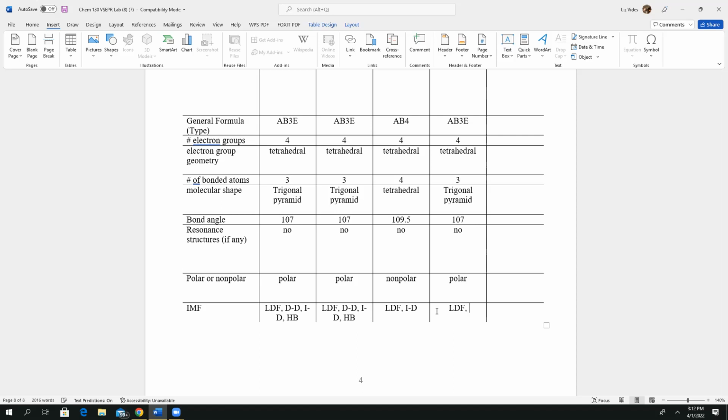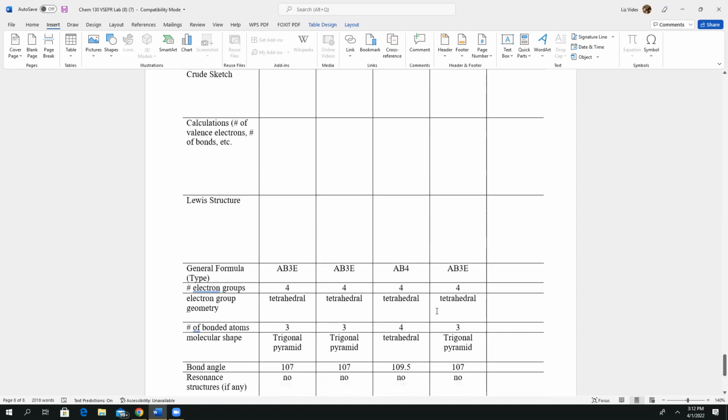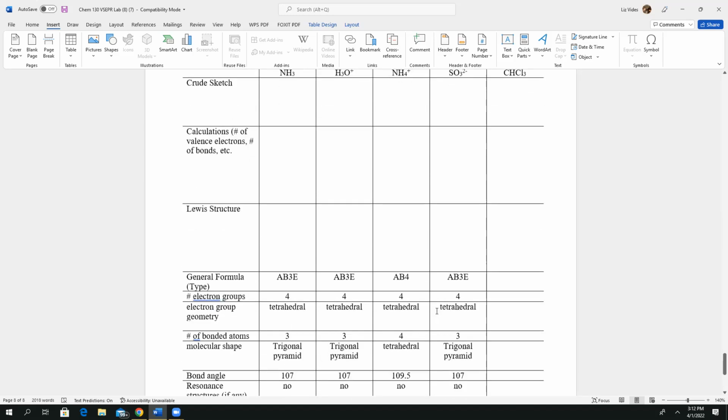So you've got London dispersion and dipole, dipole. And since it is charged, it can also induce an ion dipole. And it could induce one anyway because it is polar. So all of that. The last one, and I want you to pay attention to it, says CHCl3.